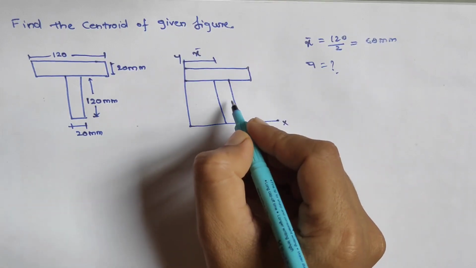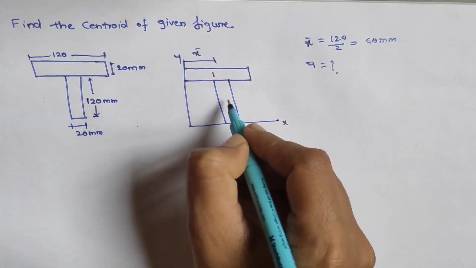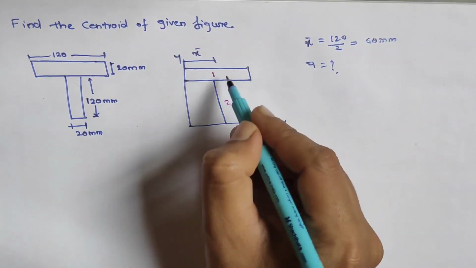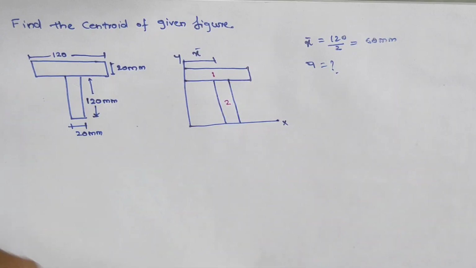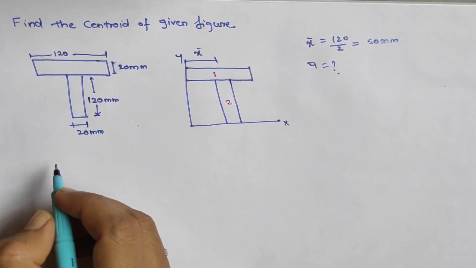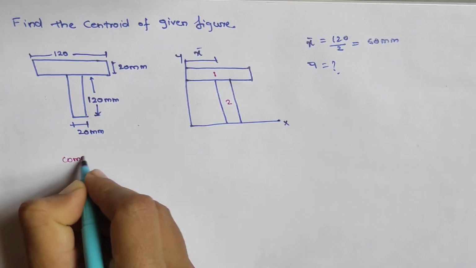First we can divide this entire figure into two parts. This is 1 and this is 2. Now we have two rectangles. Next step is we have to draw one table. In the first column, components.